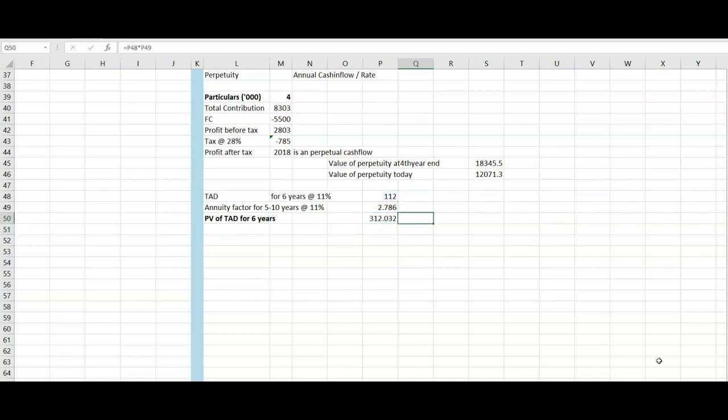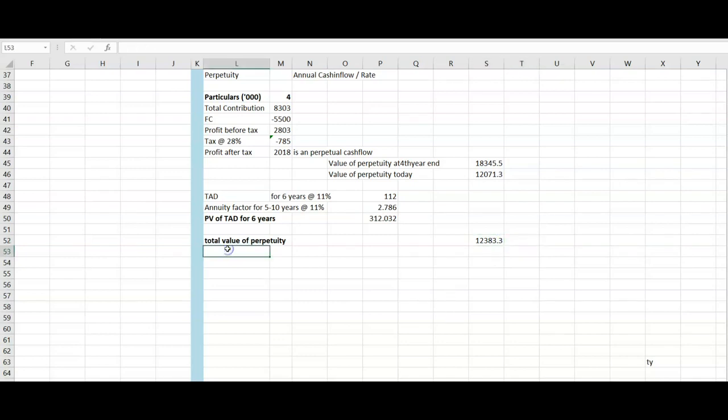So this number has to be added with the total value of perpetuity. In this perpetuity we are going to get two values. One is this number, and two is the tax allowable depreciation for 6 years, both together. So this would be our total value of perpetuity.